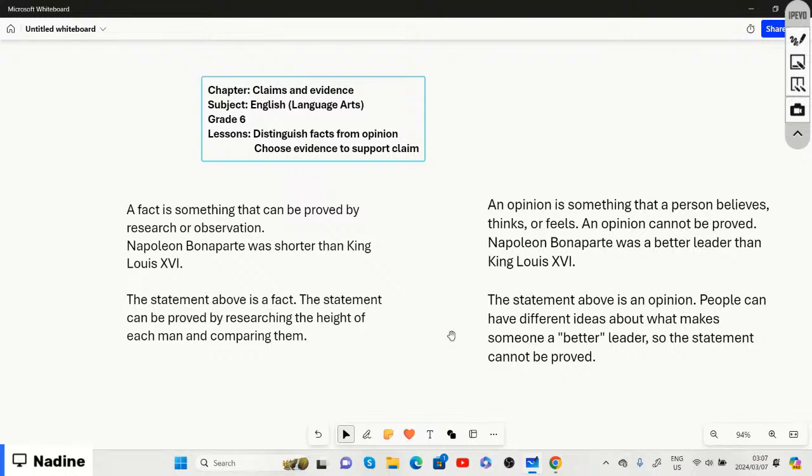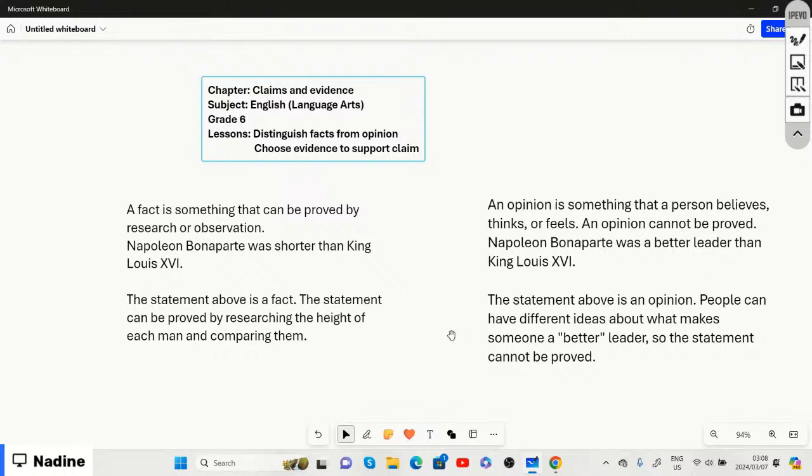When it comes to claims and evidence, a fact is something that can be proved by research or observation. Remember, we have facts and we have opinions. If you speak to someone, I'm sure you'd want to know facts about something and not just their opinion.